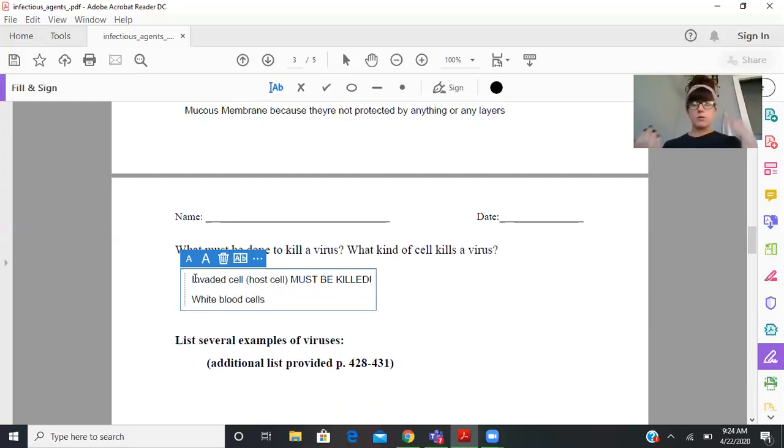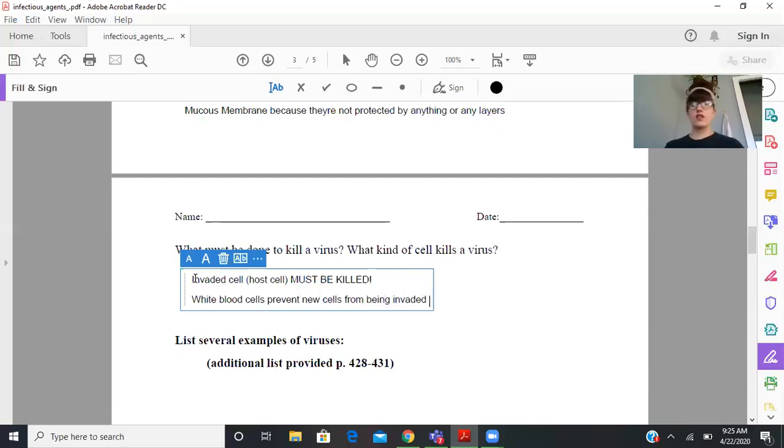So we have red blood cells and white blood cells, and we'll get into that in the next unit. Our white blood cells actually are like our fighters. They're made in our immune system, in our lymph nodes, and we have a bunch of lymph nodes, and we'll talk about that in the next unit. But white blood cells prevent new cells from being invaded.